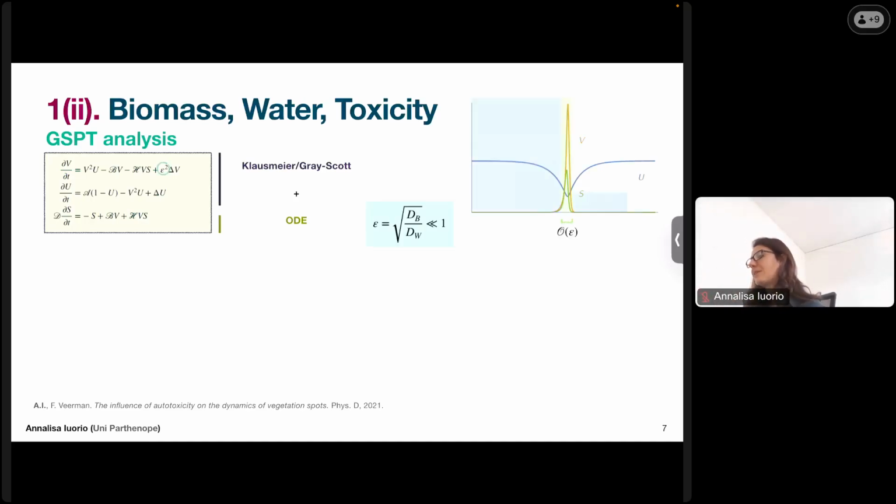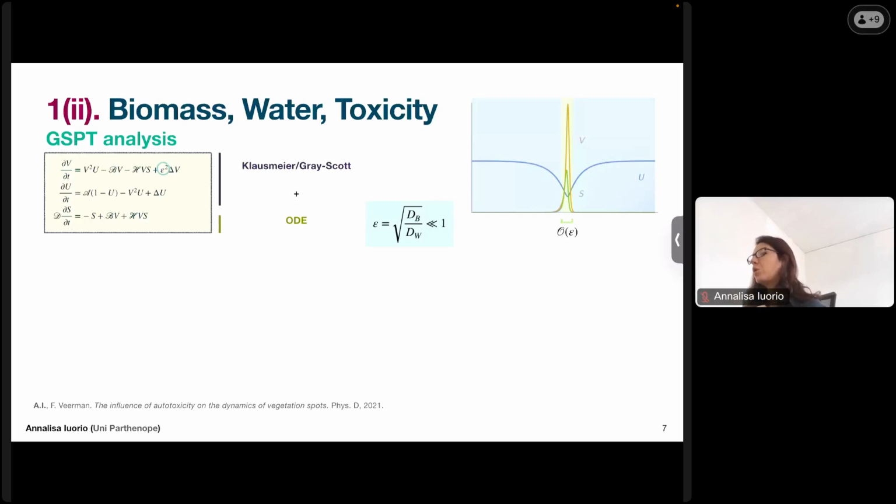So you really have this type of scale separation induced by our small parameter epsilon, which is represented by the square root of the ratio of the diffusion coefficients for the biomass and the water. This is very often considered to be a small parameter in vegetation patterns, because biomass is assumed to diffuse, and I say "diffuse" in quotes, much less than how water diffuses.